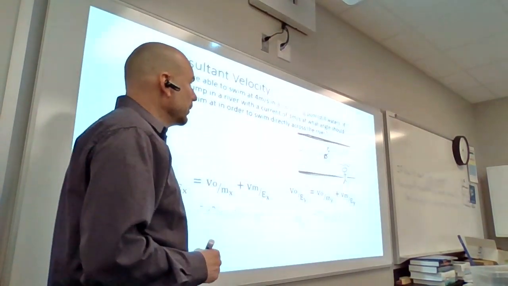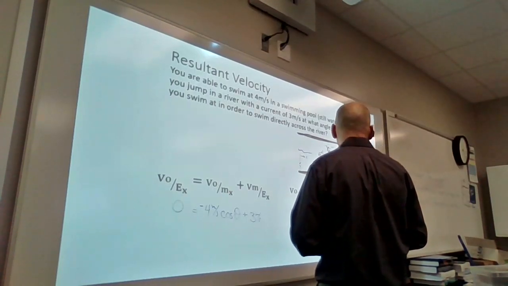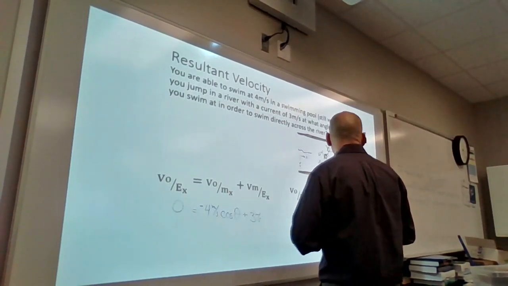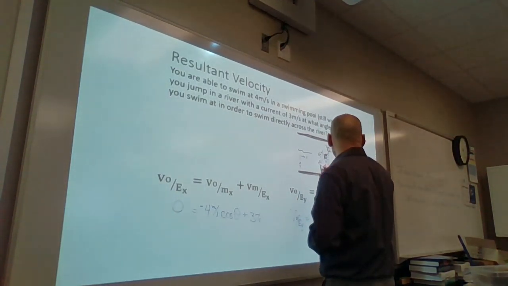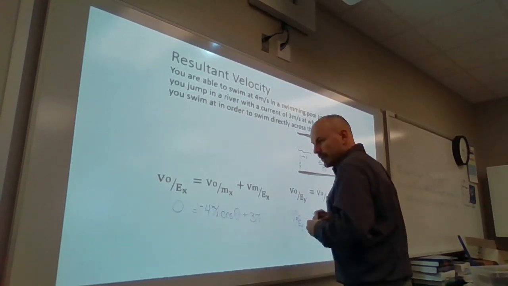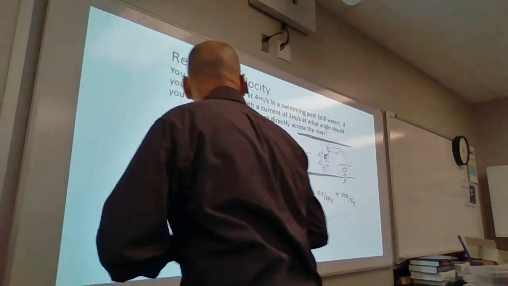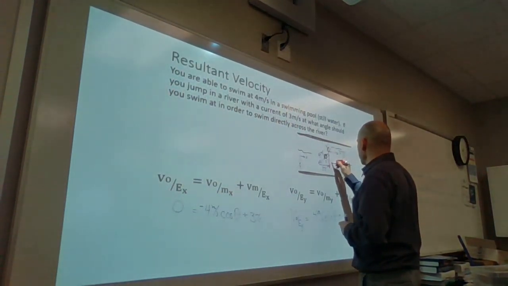Okay. To do the easy way, I'm doing head to tail. It's the resultant of these two. That's 3 meters a second. I want the resultant to do this. That's my resultant velocity.